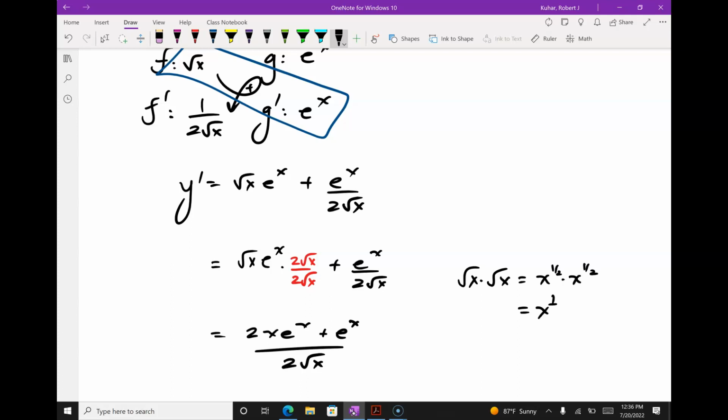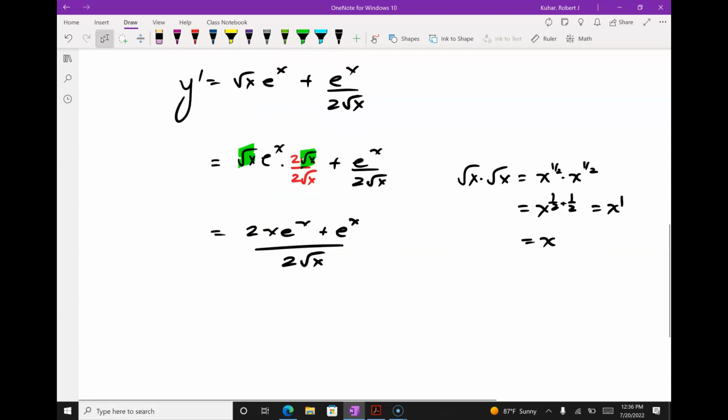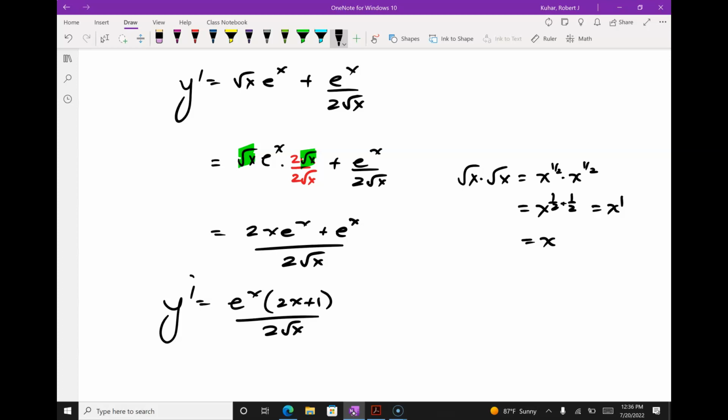So that's x to the 1/2 plus 1/2, so that's x to the 1, so it's x. Right? I look in the book, it's still not what I have. And I realize, oh, I can factor. So there's my final y prime. I've got e to the x times 2x plus 1 all over 2 square roots of x.